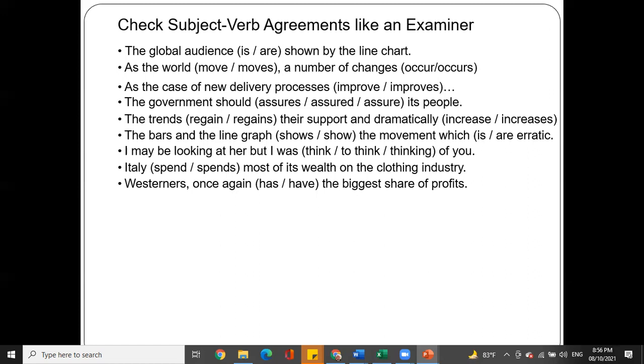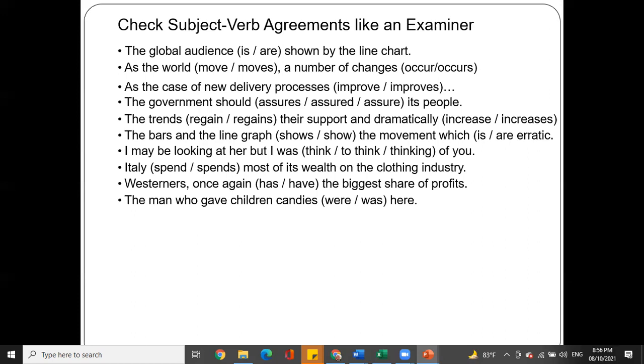Westerners. Is that an it or a they? They. So what's the verb? Westerners have once again have the biggest share of profits. So it's have. Have, yeah.